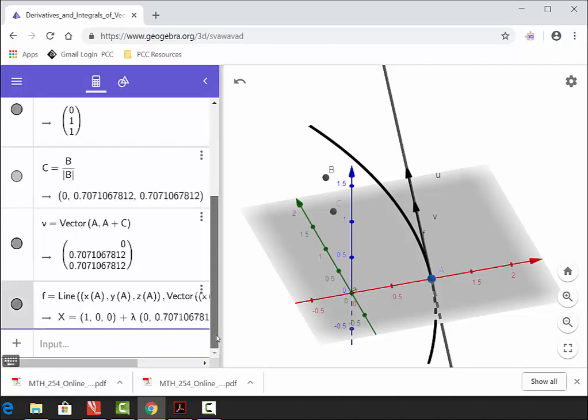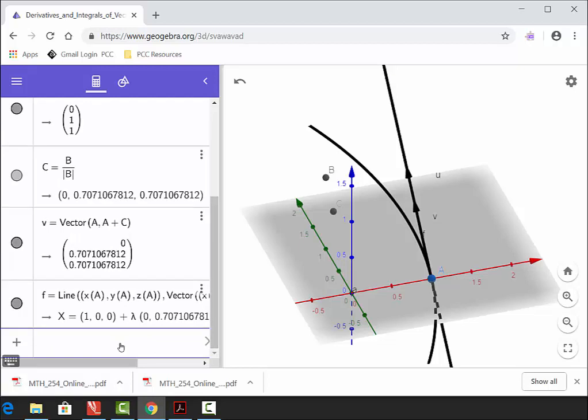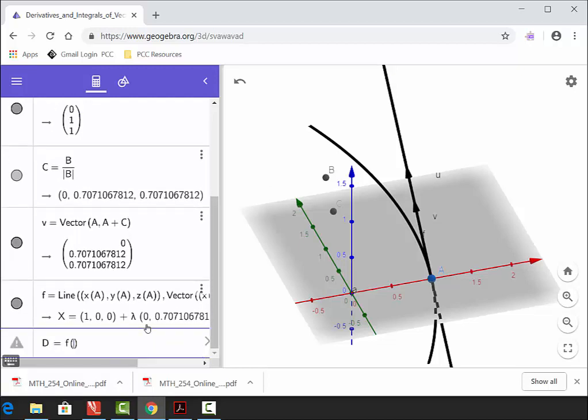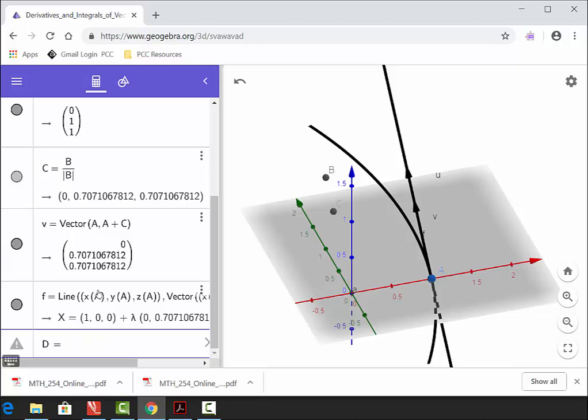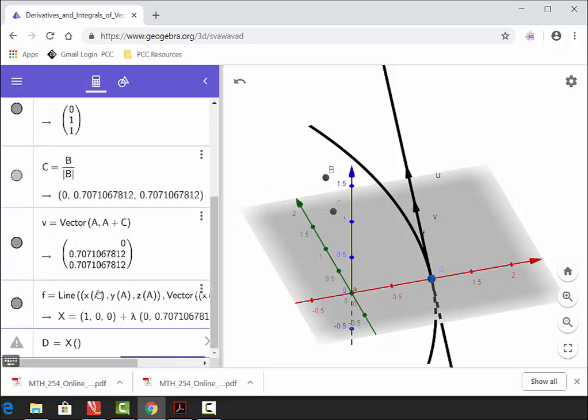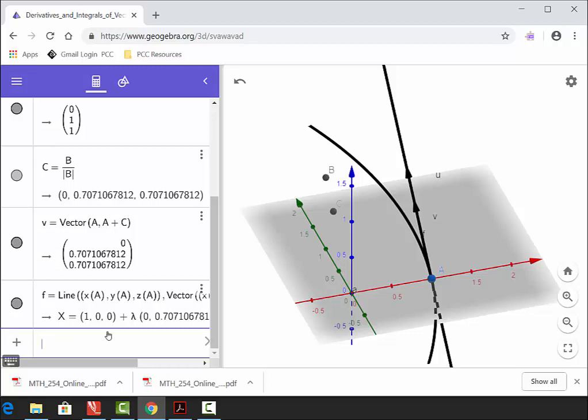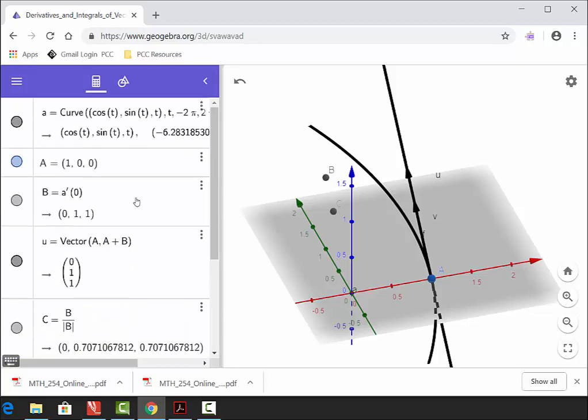C being a unit vector, what I mean by that is, say I have another point D equals f of... create A. Why is this not showing me what's going on here? Let's try X. Yeah, here we go. So it wants a slider. Oh, what happened was A is already defined.